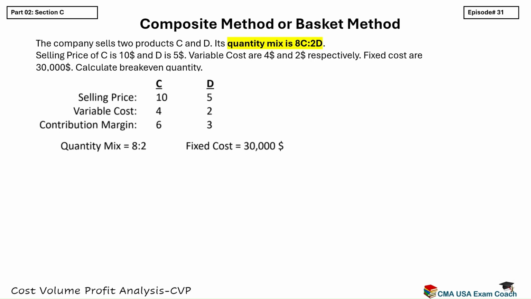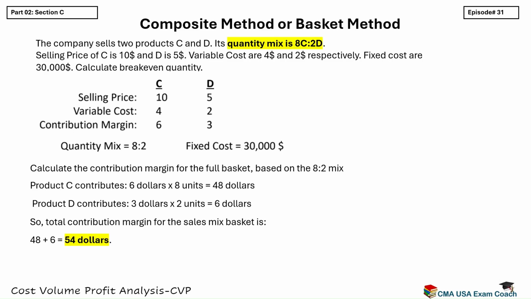Now let's calculate the contribution margin for the full basket based on the 8:2 mix. Product C contributes $6 times 8 units equals $48. Product D contributes $3 times 2 units equals $6. So total contribution margin for the sales mix basket is 48 plus 6 equals $54.